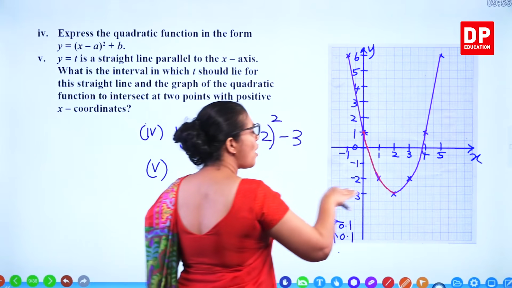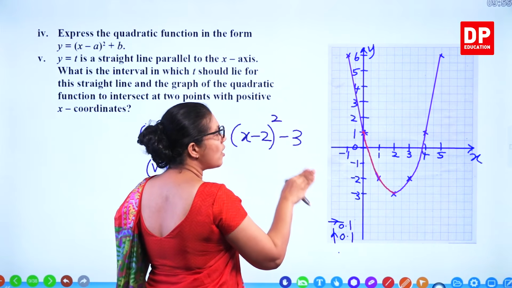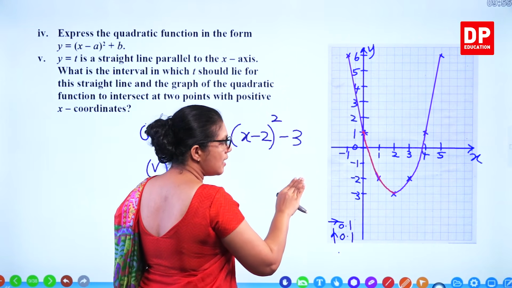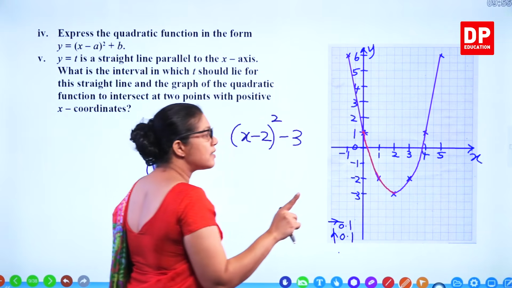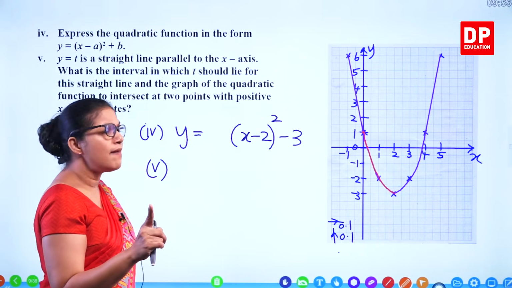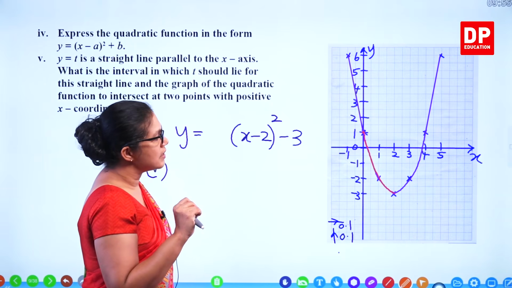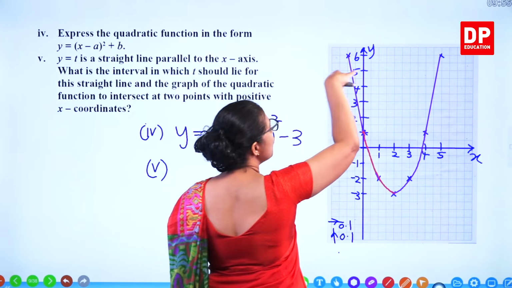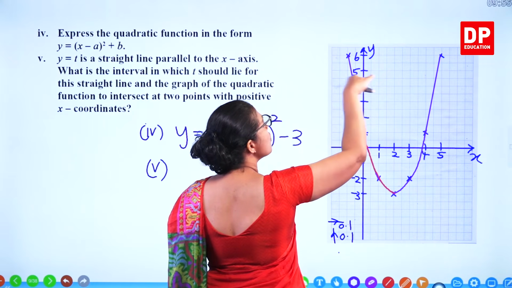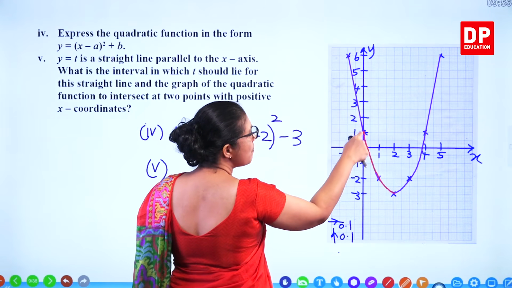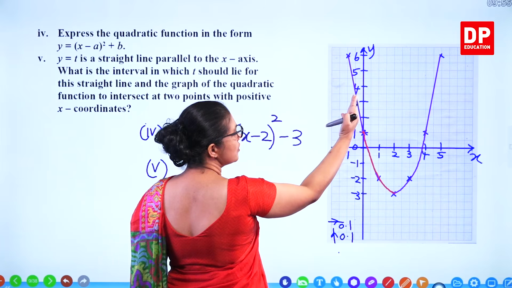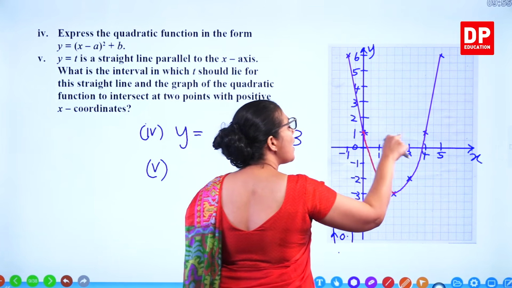So you have to identify what the y values are. When you draw the horizontal lines, you get only positive 2 x values. So look carefully. You can't draw here because up to this point you get negative x values.